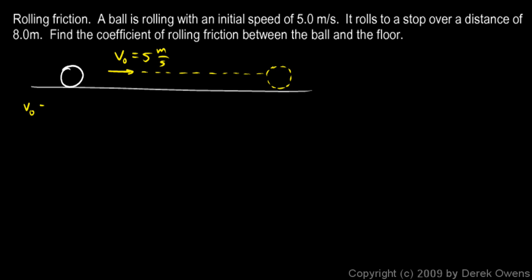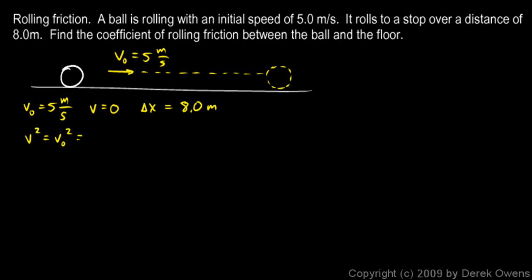I know the initial velocity is 5 meters per second. It rolls to a stop. So the final velocity is 0, and it does so over a distance of 8 meters. So my change in position, or my displacement, is 8 meters. And I can use this equation.